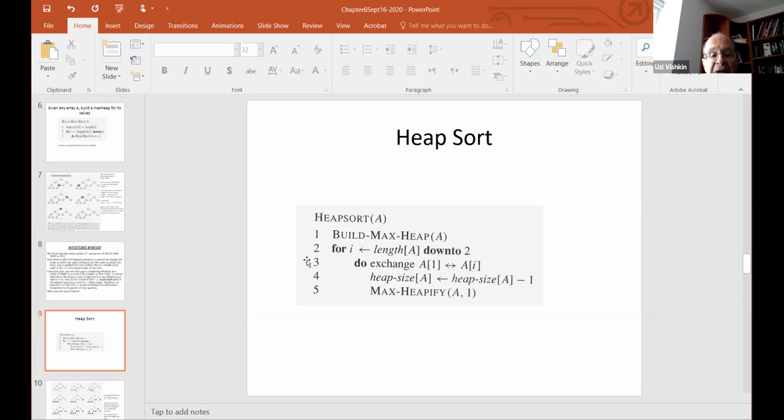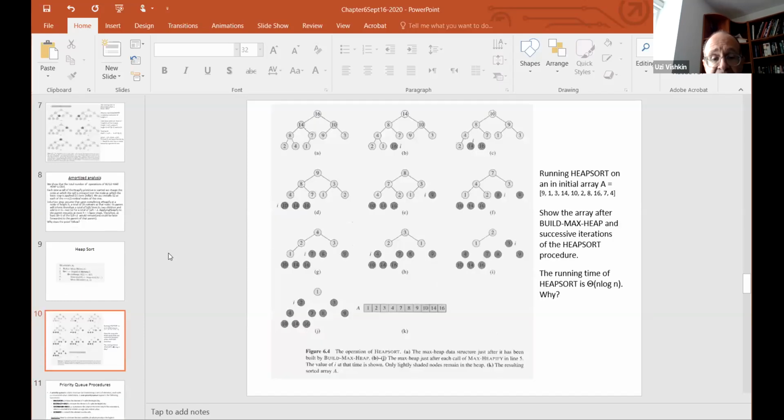I take this element and I put it at the rightmost location of the array. And now I declare that the heap size came down by 1, which essentially means that, in this example, I take this 16, I put it here, okay?